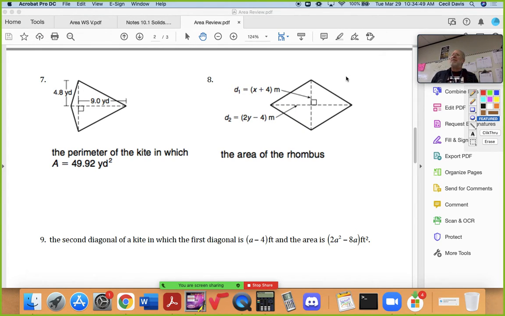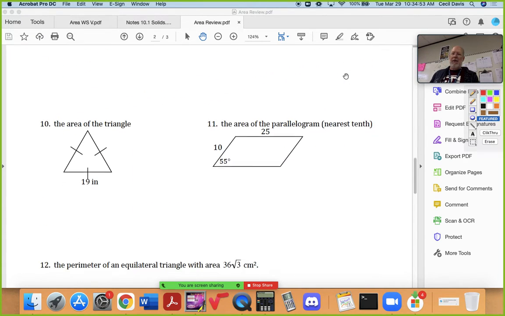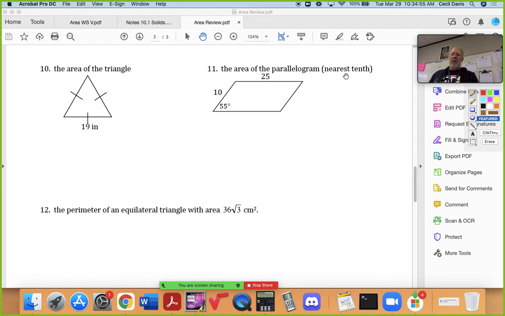Yes, ma'am. Number 10, please. Number 10, all right. So we just want to find the area of this triangle. There's 3 different ways you can find the area of this triangle. Which did you use? S over 2 squared times the square root of 3. Okay.